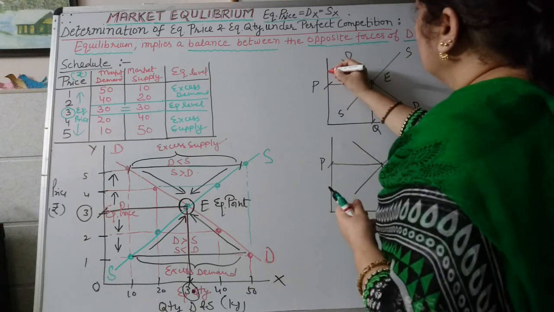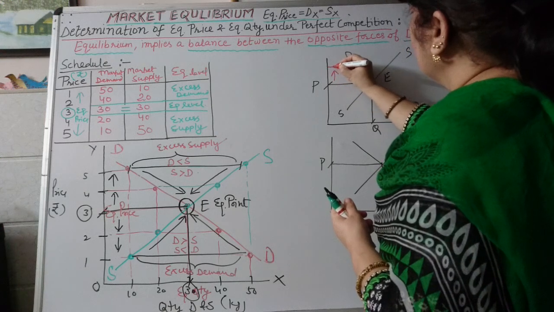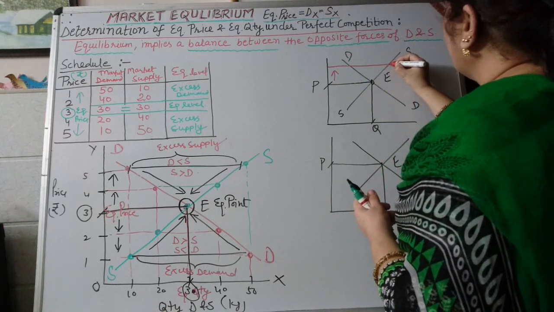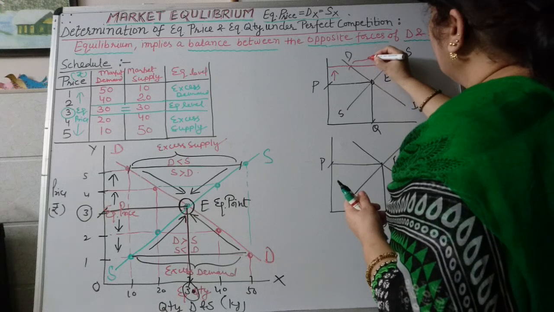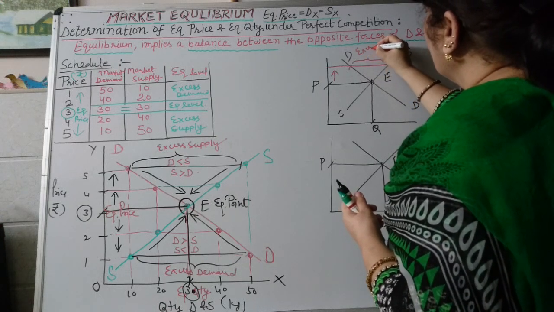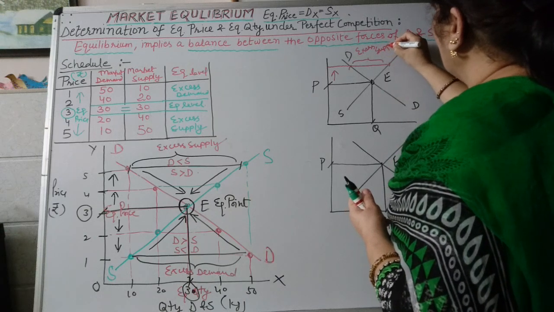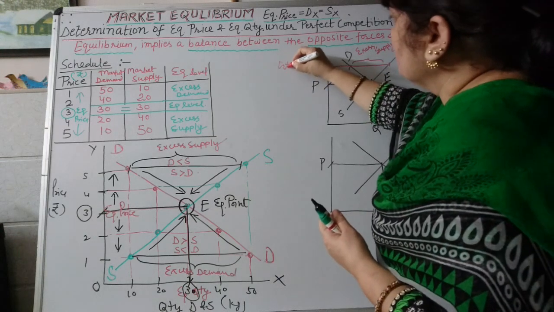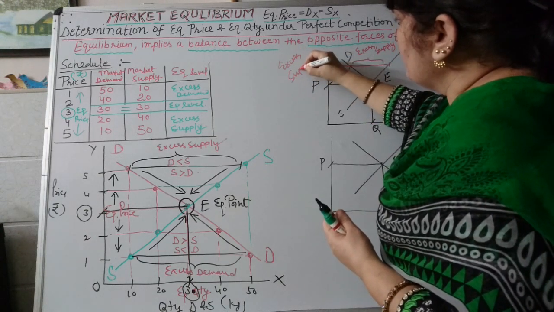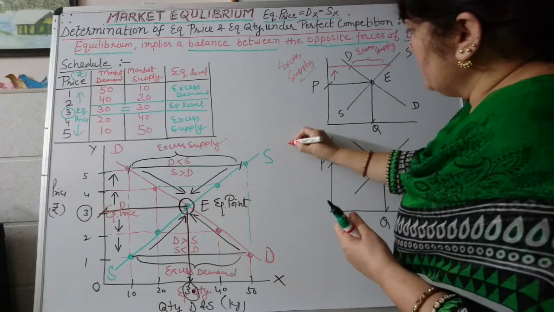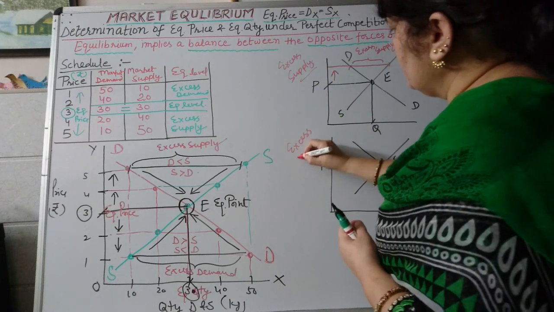So if price exceeds the equilibrium price, this will create a situation of excess supply in the economy. Excess supply, and the second diagram is related to excess demand.